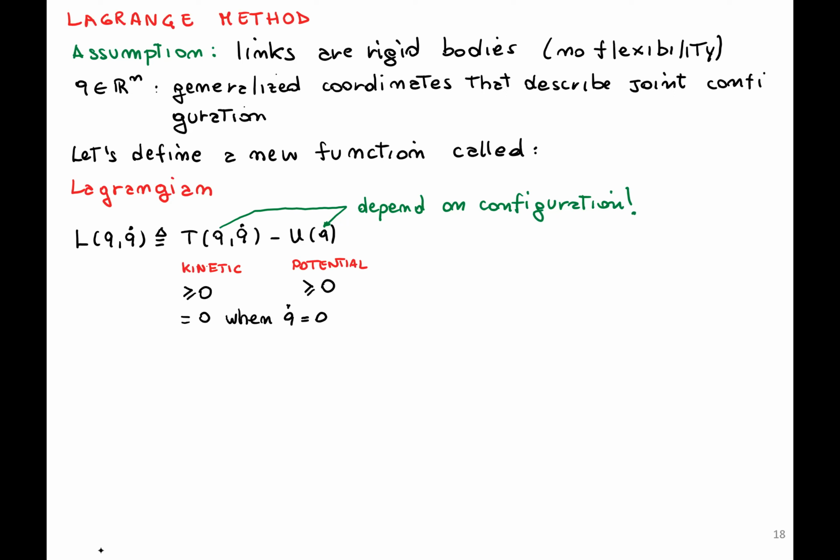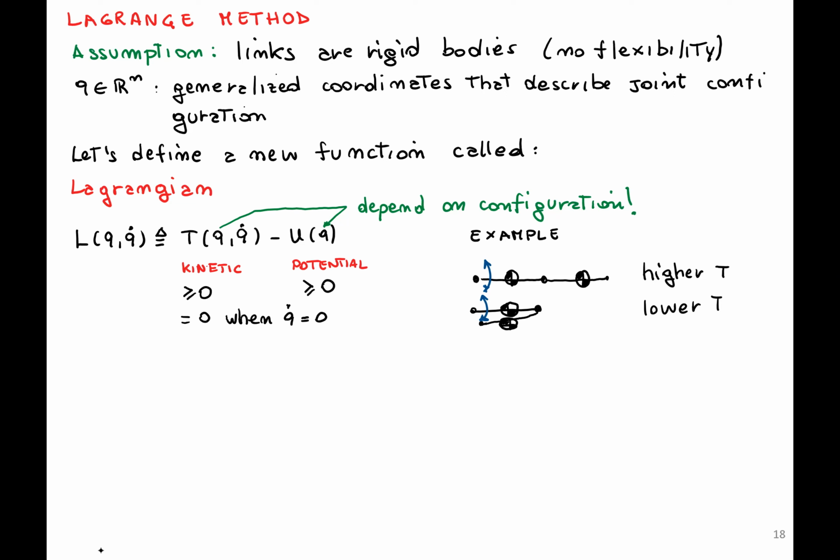Let's think about it. We have the velocity of the center of masses, and we have the tensor of inertia, that is configuration dependent.